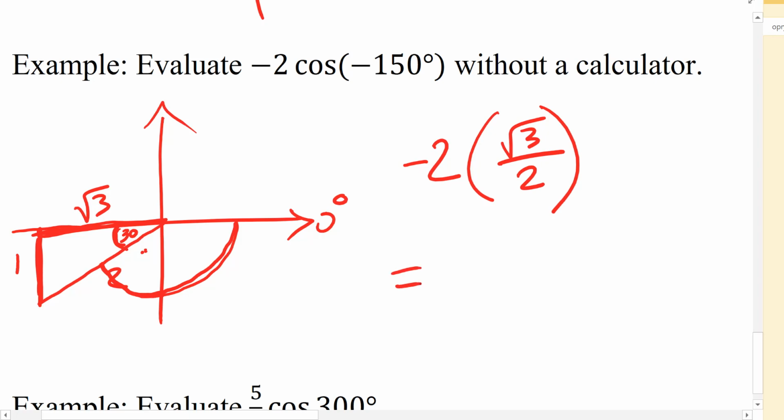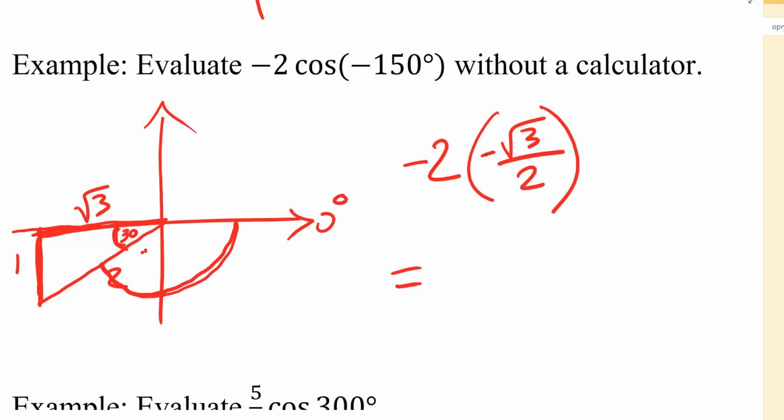And I'm sorry, I forgot, the cosine of this angle has to be negative, because in the third quadrant, the x-coordinate is negative. That means the adjacent side is a negative value, and so we have a negative cosine for this angle.